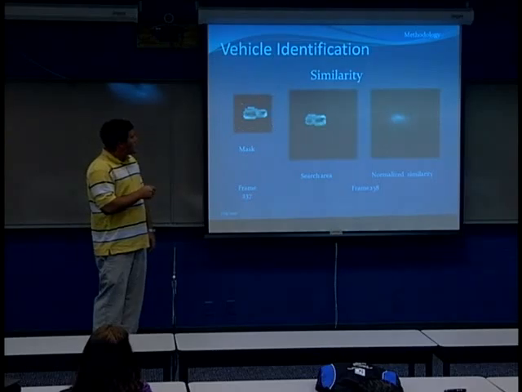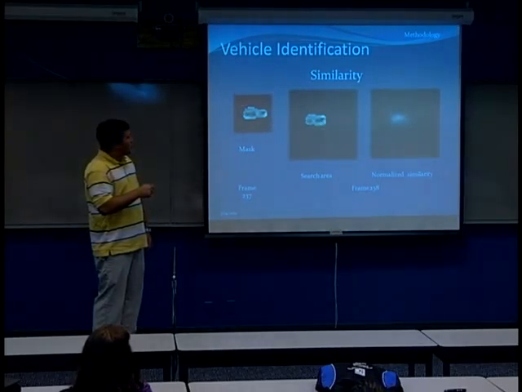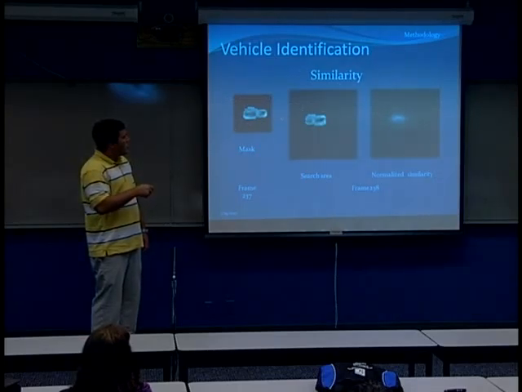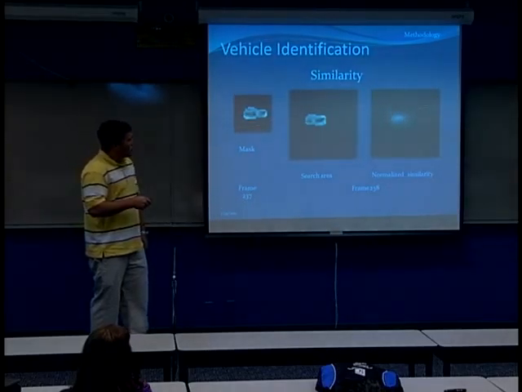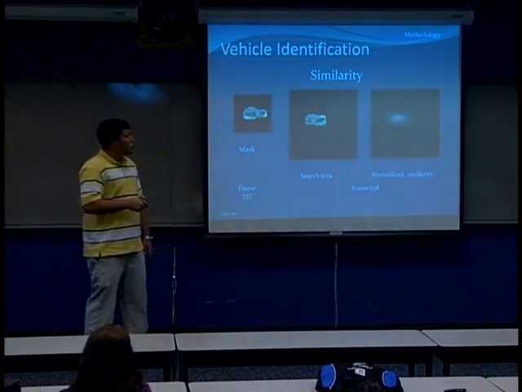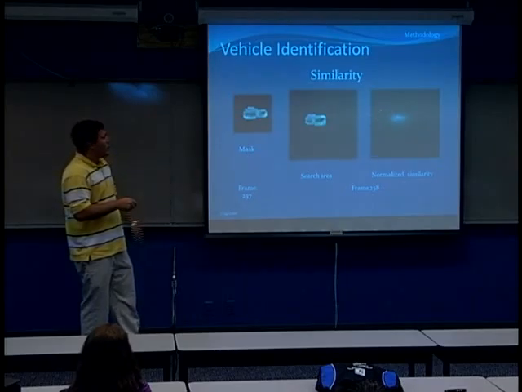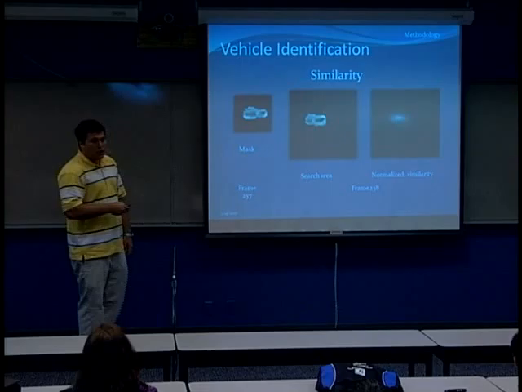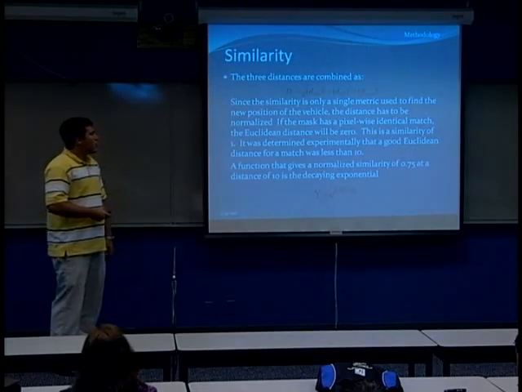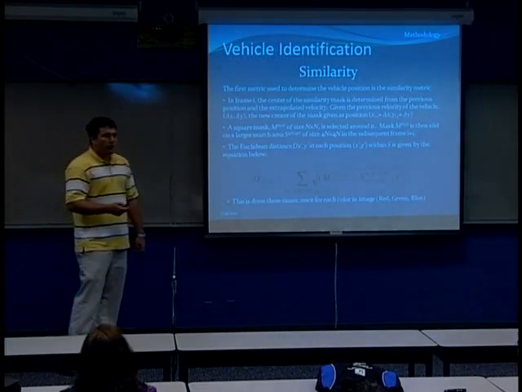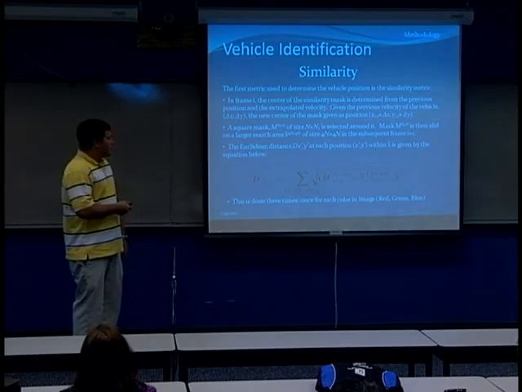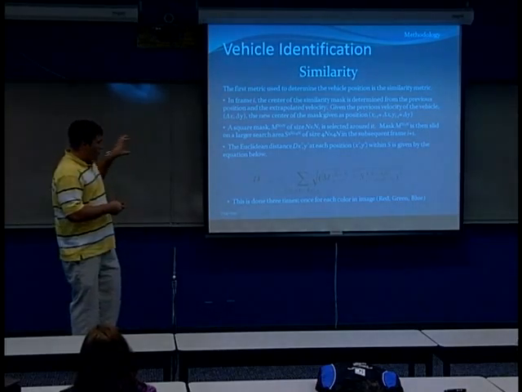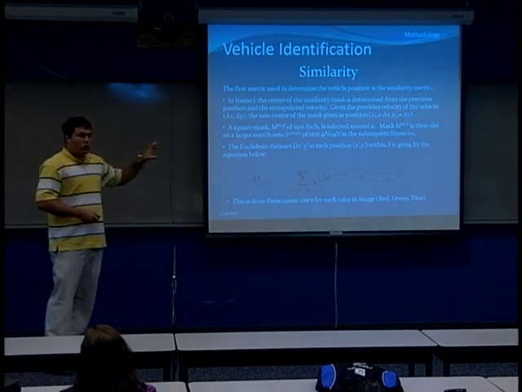We take a mask, and then this is our search area, and we do a pixel-wise subtraction through this entire search area, and the one with the smallest difference, we invert it, and it gives us a similarity. It's not exactly correlation because we're subtracting instead of multiplying, but it's slid across the search area.